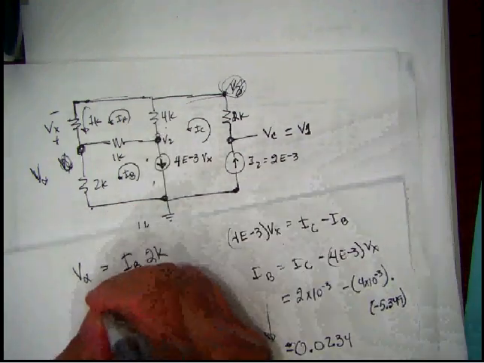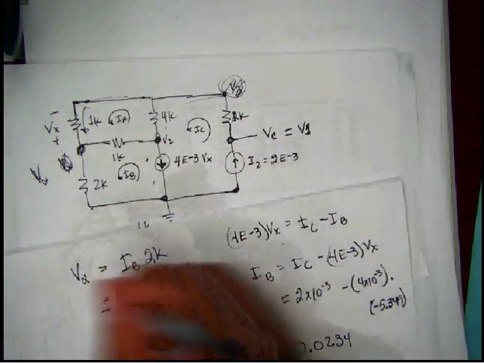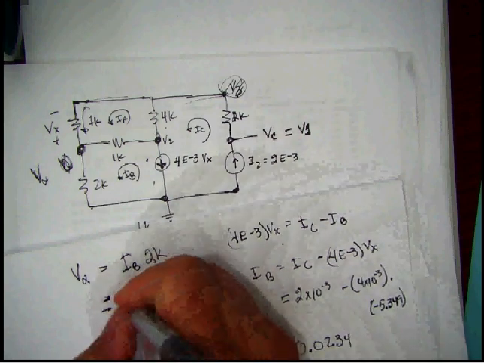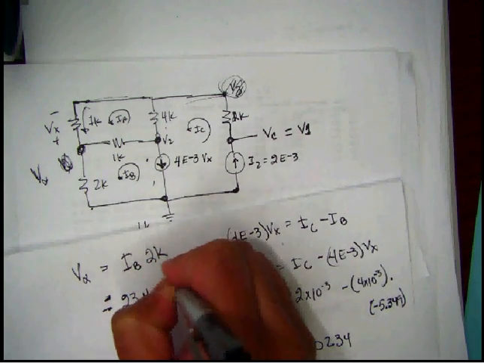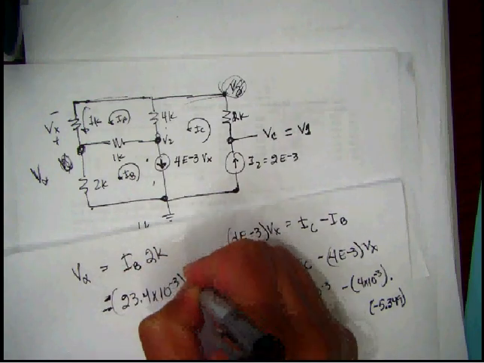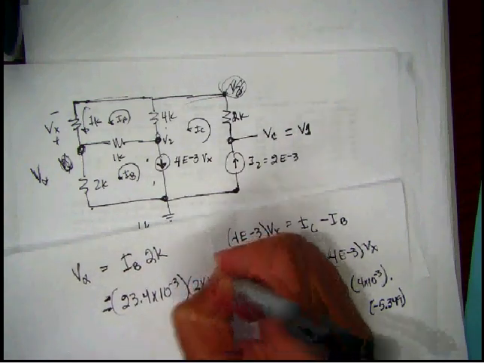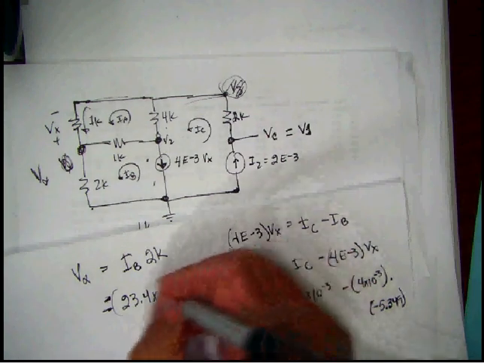V alpha has to be, let's call this 23.4 times 10 to the minus 3 times 2 times 10 to the 3. The 10 to the 3's cancel.